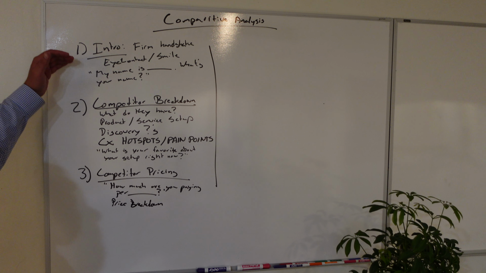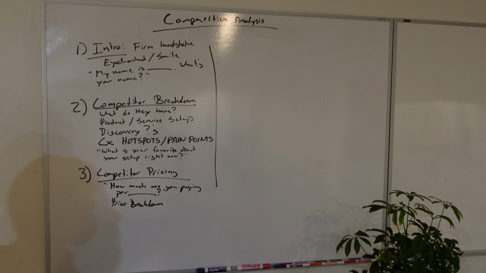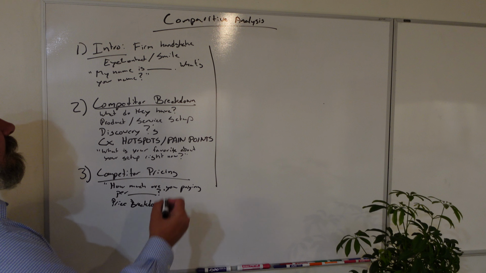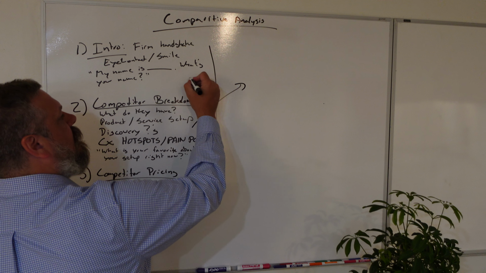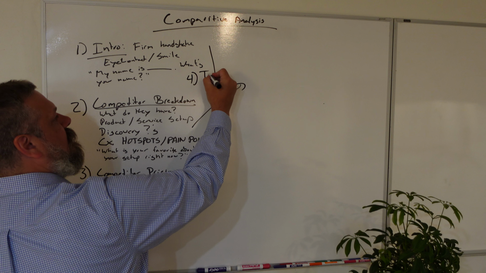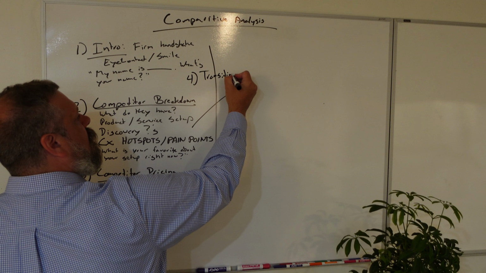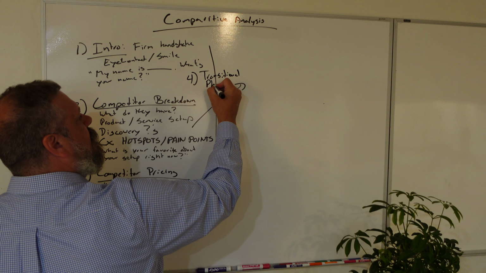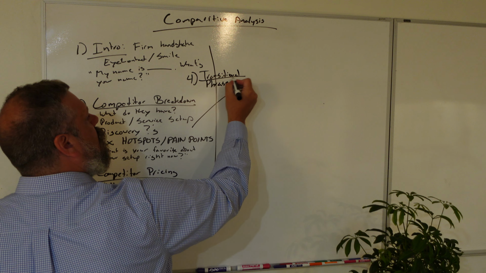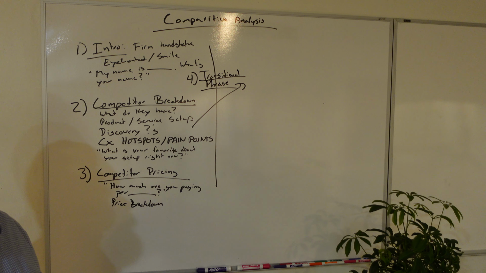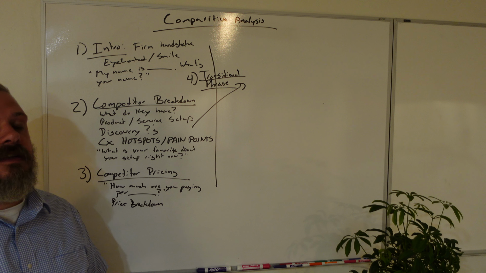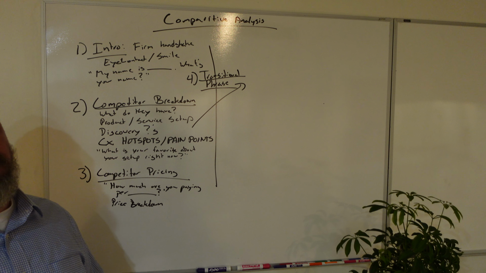All right, so now we've figured out what the competitor's doing. Then we're gonna do what's called a transitional phrase. So this is your transitional phrase. There's like a million ways to do a transitional phrase, but just keep it simple.